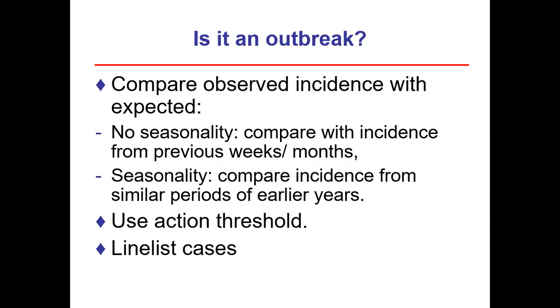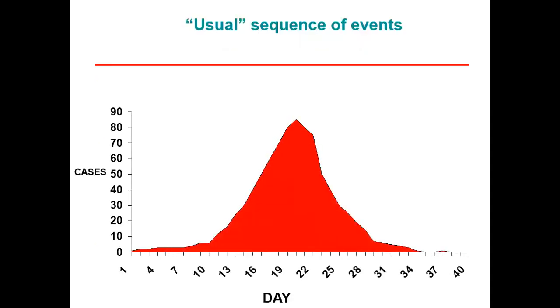You have more insect-borne illnesses during the rainy season than during the dry season because insects are more abundant during the rain. So those are the kinds of things you'll be looking at. Is there a seasonality pattern to it? The number we're observing, how does it compare to what we are expecting, and so on and so forth.